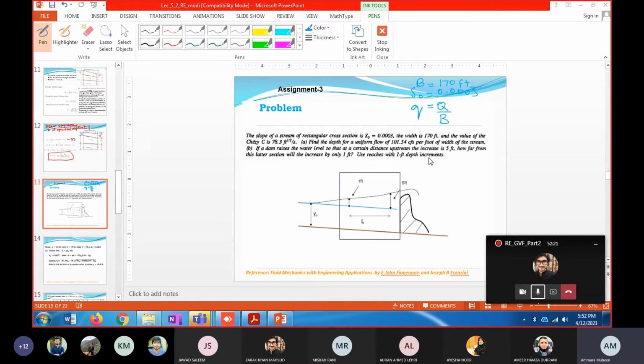Use reaches with 1 foot depth increment. So in the question they have given you this information that you have to use 1 foot depth increment.